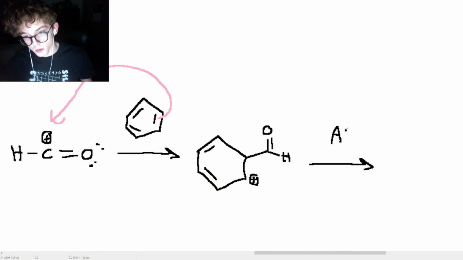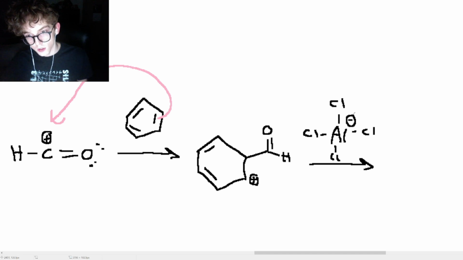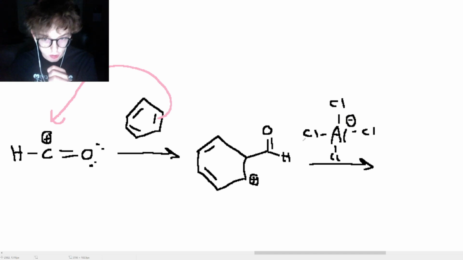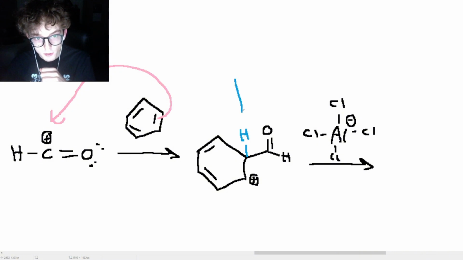catalyst here, our aluminum tetrachloride, right, with the negative charge, meaning it's quite reactive. Charges usually mean reactivity, and let's draw in a very sad hydrogen, and I'll even elaborate.